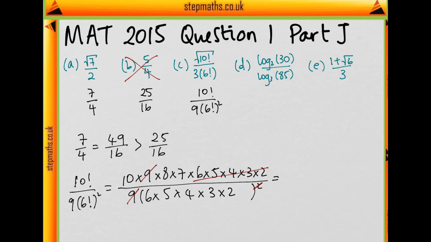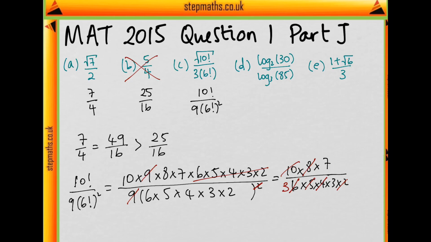So I'm left with 10 times 8 times 7 over 6 times 5 times 4 times 3 times 2. Now we can cancel this 10 with this 5 times 2 here, and I'm going to cancel this 8 with this 4, and I'm going to take the 2 from the 6. So I cancel a 2 out of this, I'll get 3 left.